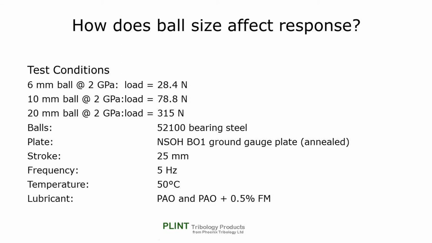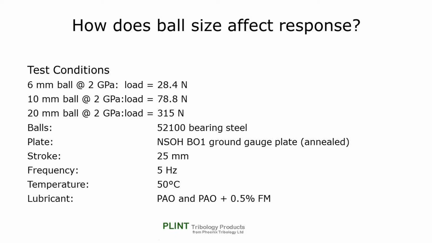How does the size of the ball affect the response? A range of different ball sizes are used in a variety of different standards. In theory, there should be simple equivalence between tests run with different ball sizes but the same contact pressures.